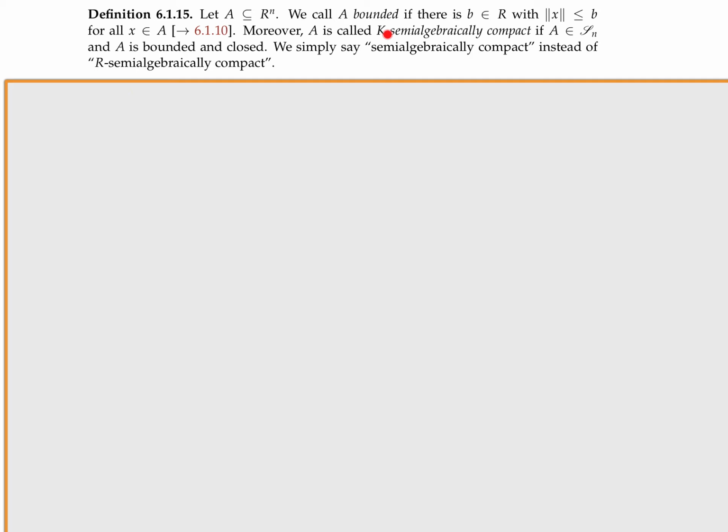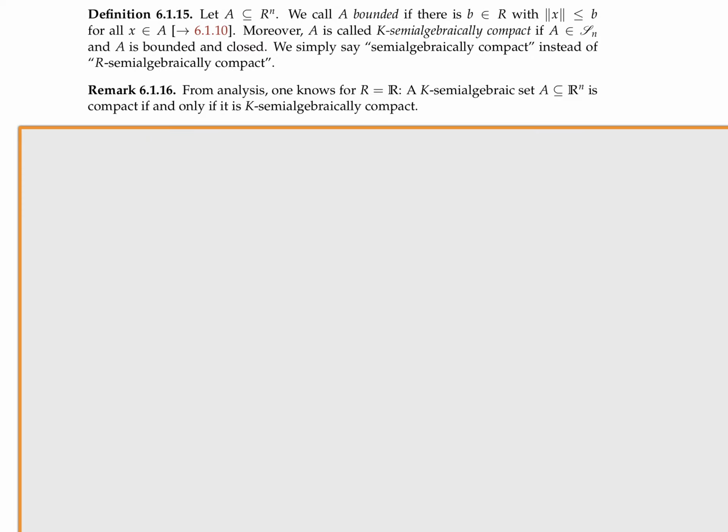The only role the K plays is the restriction that if I say K-semi-algebraically compact, I mean it's a K-semi-algebraic set which is bounded and closed. But for boundedness and closedness, it doesn't matter what K is here. We simply say semi-algebraically compact instead of R-semi-algebraically compact.